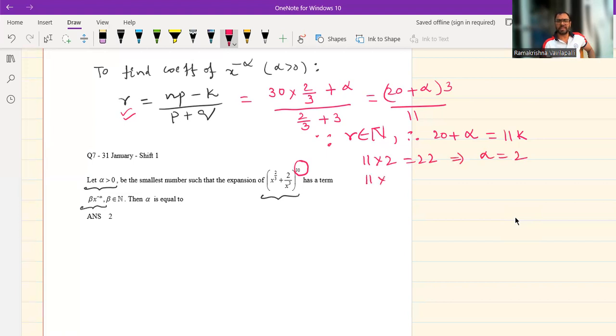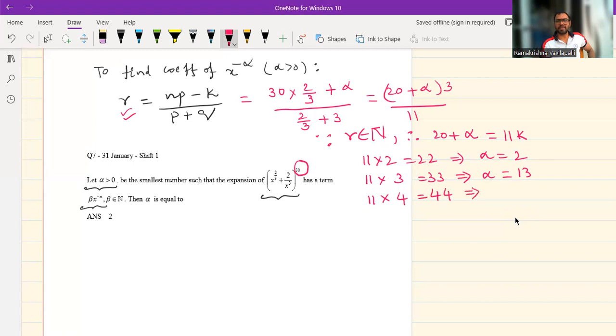11 into 3 equal to 33, like this. So here, what is alpha? Alpha equal to 11 into 3, 33, 33 minus 20, 13. Next, 11 into 4 equal to 44.